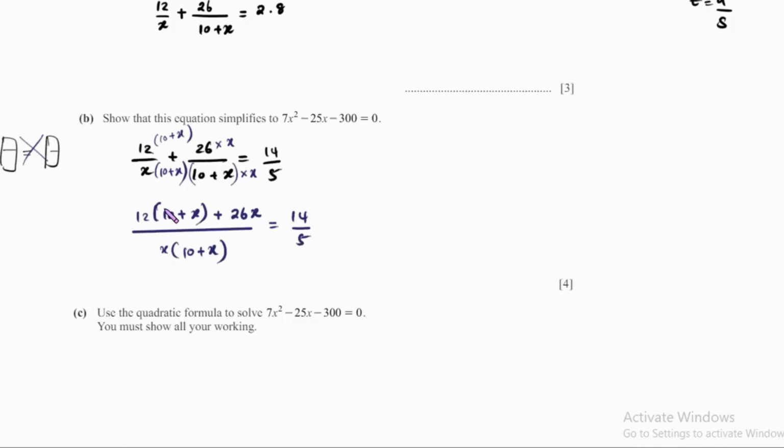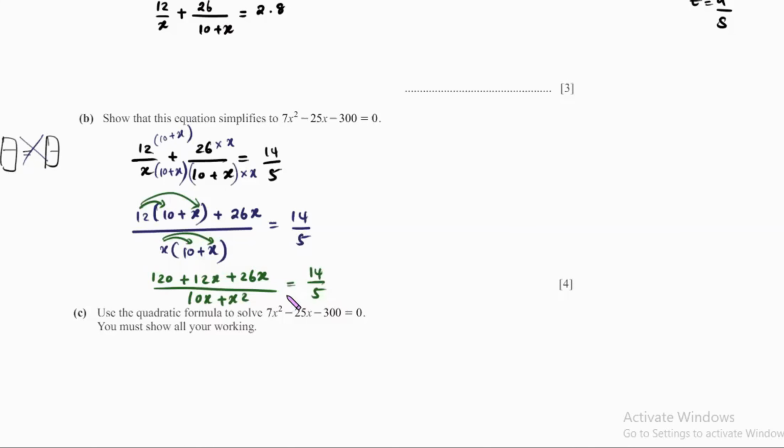Now I need to get rid of the brackets, so I'm going to expand it. 12 times 10 is 120. 12 times x is 12x, then I have 26x, and the next one is 14/5. I'm going to write this over 10x plus x squared, because I'm going to expand this as well. So this is equal to 14/5.